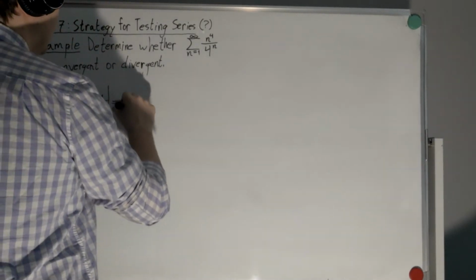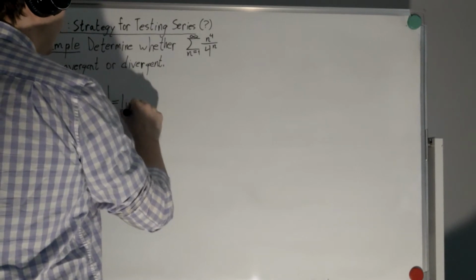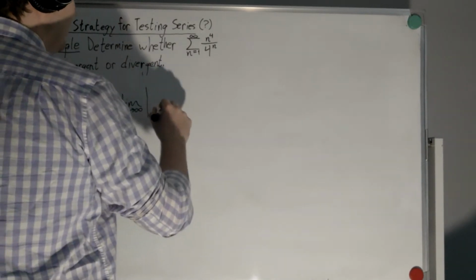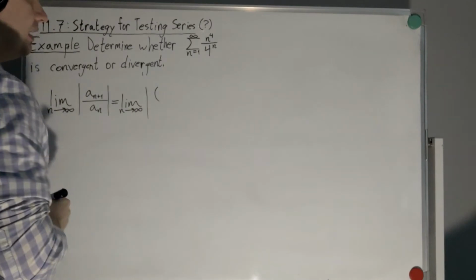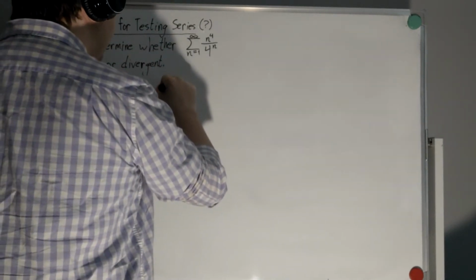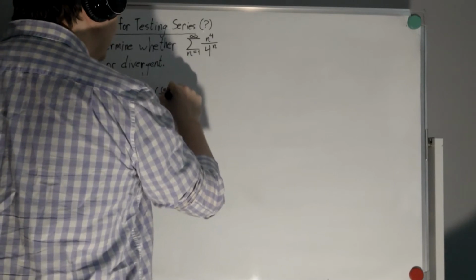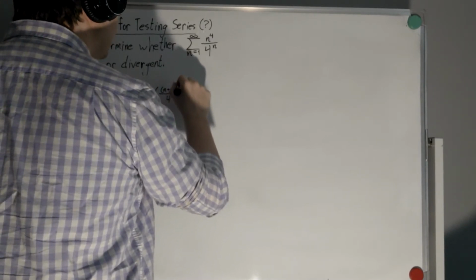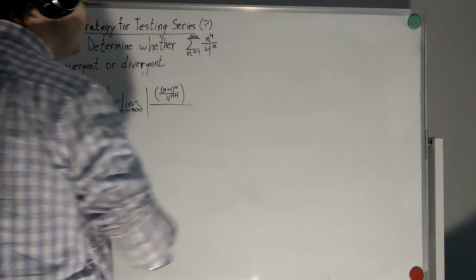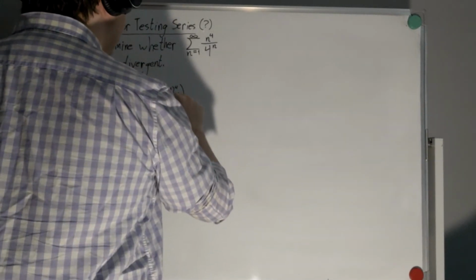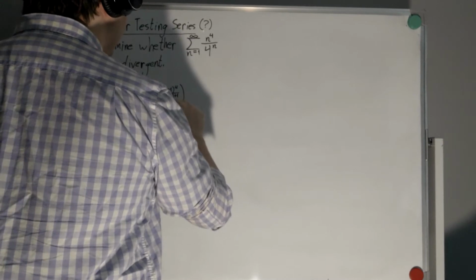In our case, that's going to be the limit as n approaches infinity of the absolute value of, on top we're going to have (n+1) to the fourth. On bottom we're going to have 4 to the n+1. So that's the numerator. And then in the denominator we're going to have a_n, which is just n to the fourth divided by 4 to the nth.